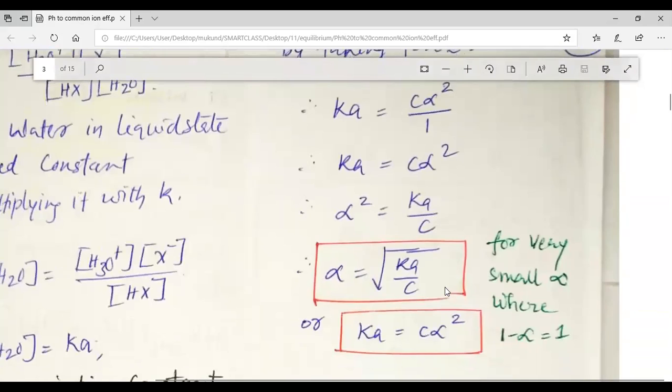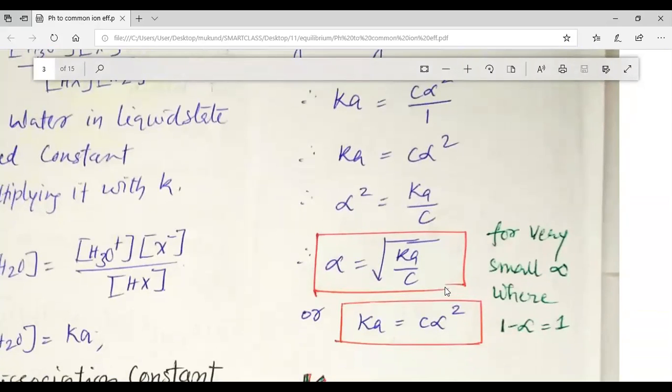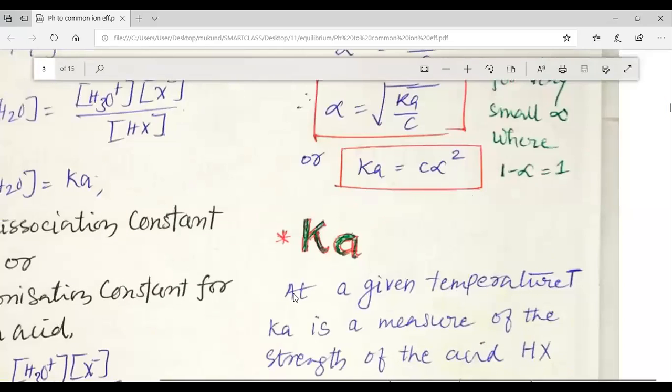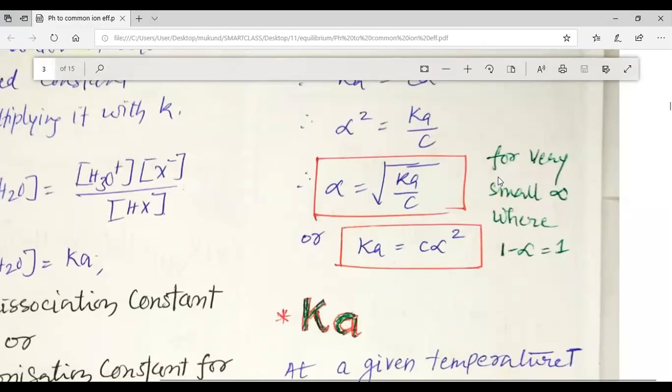Therefore alpha square is equal to Ka by C, and alpha is equal to the square root of Ka by C. Please remember that this equation can be written for a very small value of alpha, where 1 minus alpha is equal to 1, my dear students.